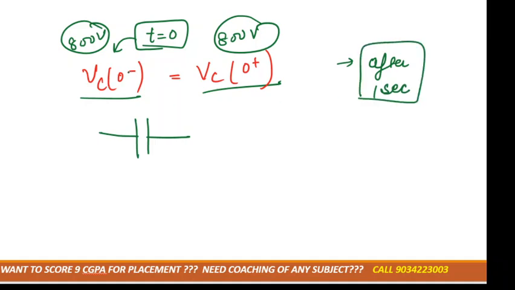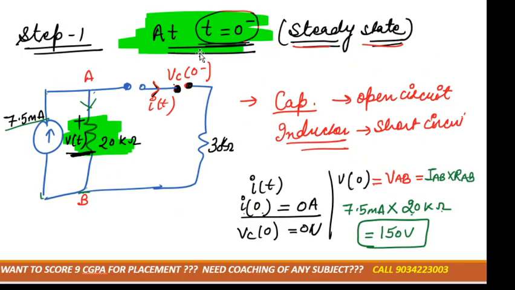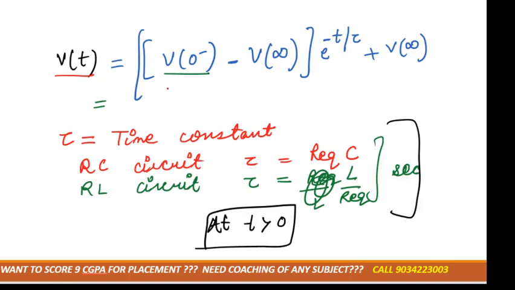So Vc 0 minus is just 1 second before, and Vc 0 plus is just 1 second after. Vc of 0 minus we have calculated for this condition, that is, we got it as 150.